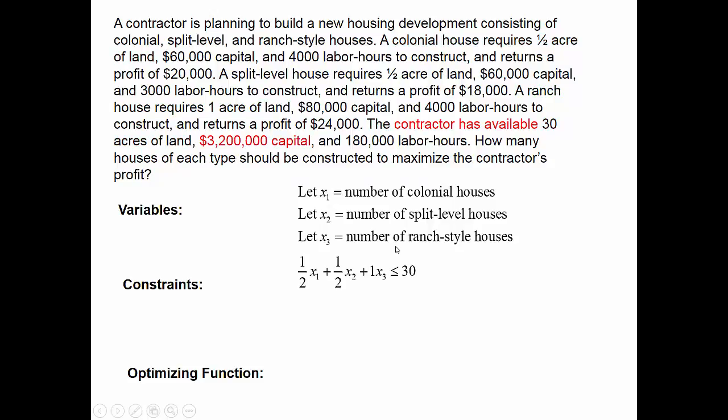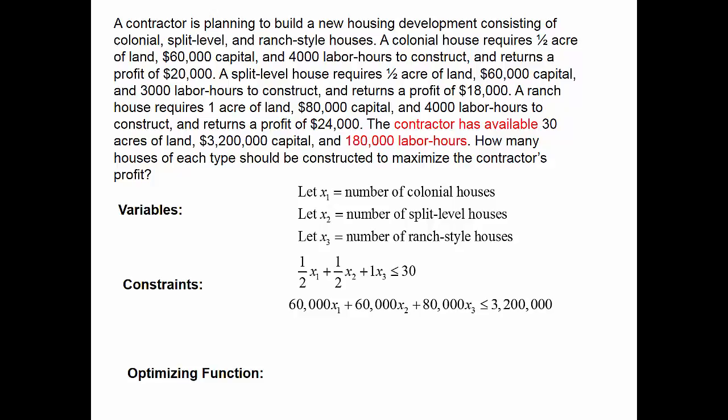On the money, it says in the second sentence, colonial houses take 60,000, split level takes 60,000, and ranch takes 80,000. And so 60,000 x1, 60,000 x2, 80,000 x3 all together cannot be more than 3,200,000. Finally, the last constraint would be the labor hours.